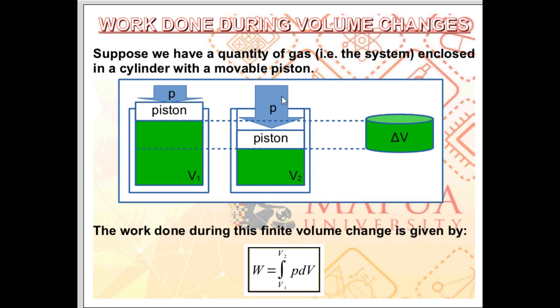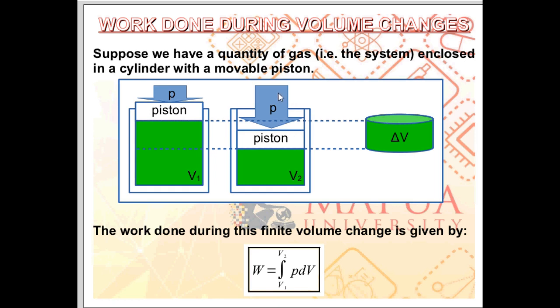You will recall our equation for work is the integral of force F dotted with dx, meaning if we apply force and the object undergoes displacement x, there's a corresponding work done. Pressure is basically force applied on the area of the piston.